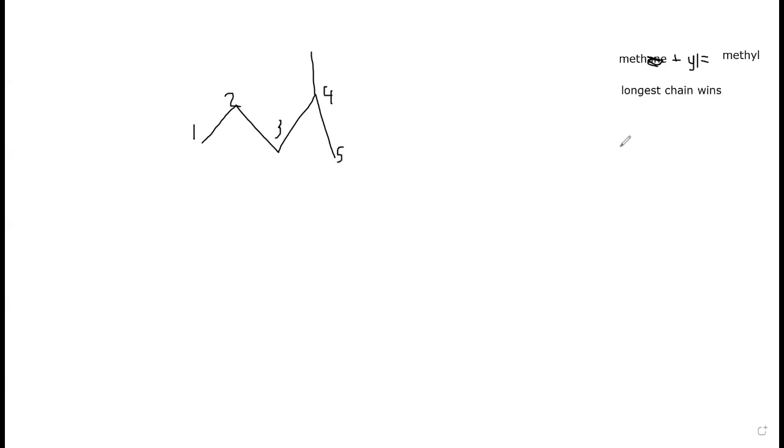Butane is four. Here, wait, I have a chart and you can copy it down. And that'll be kind of like your cheat sheet. It'll help you with it a lot. Let me try to find it.